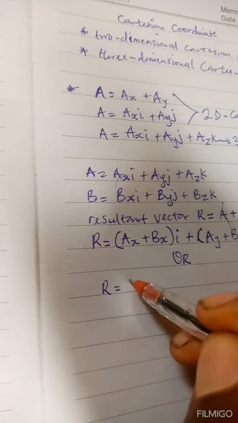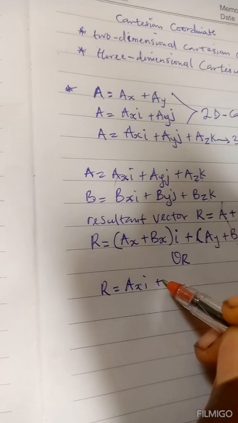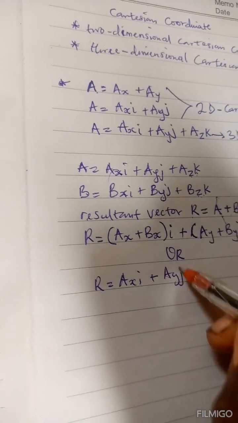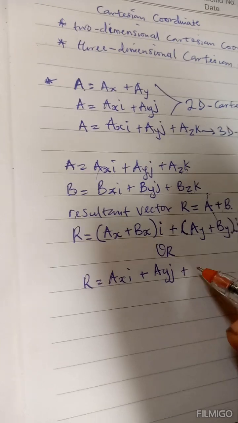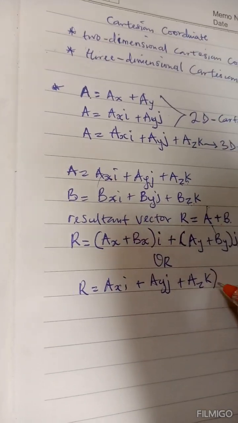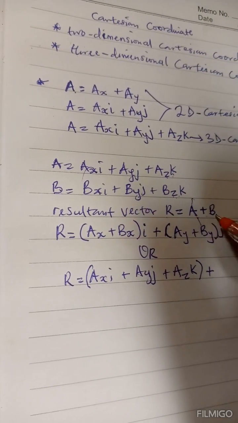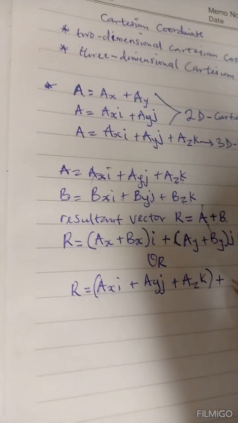So I can say my A is Axi plus Ayj plus Azk, right? This is my A. Then plus B. So what's my B?